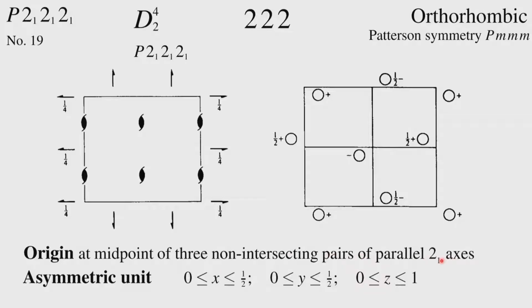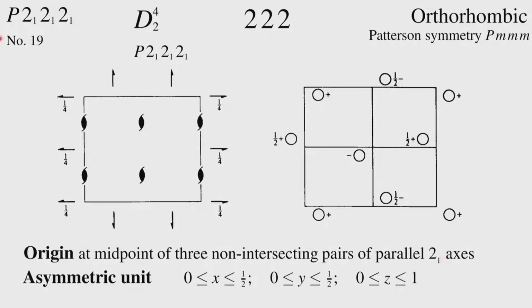Now, this has to be examined carefully because we have 3 directions now. The 3 directions are 90 degrees with respect to each other. So, every one of the 2 screw operations is happening parallel to each other and parallel to the 2 axis. But these 2 axes now are at the midpoint between 3 non-intersecting pairs.